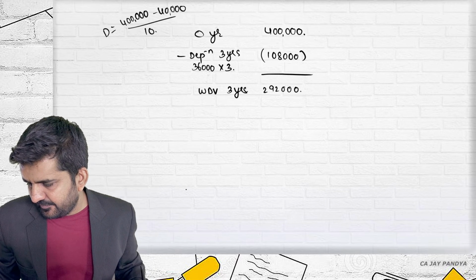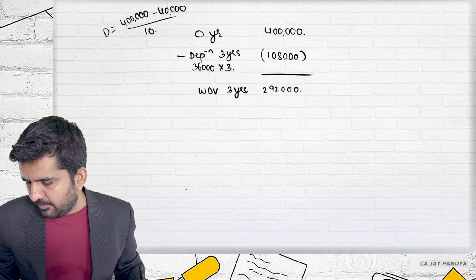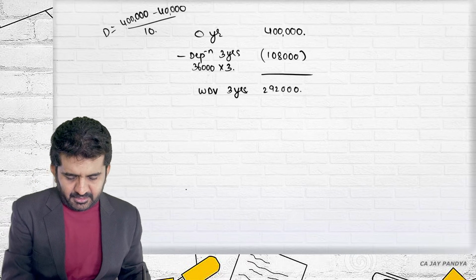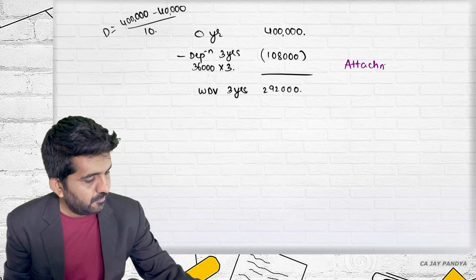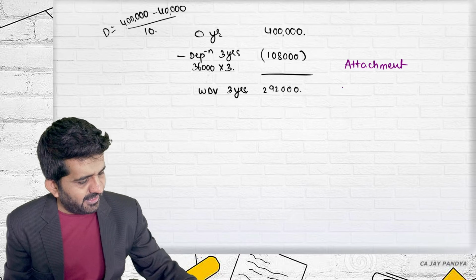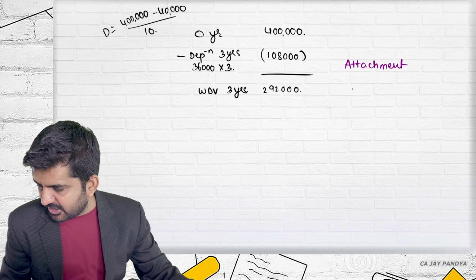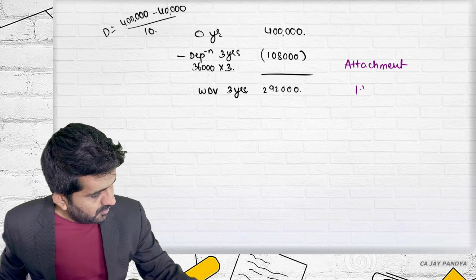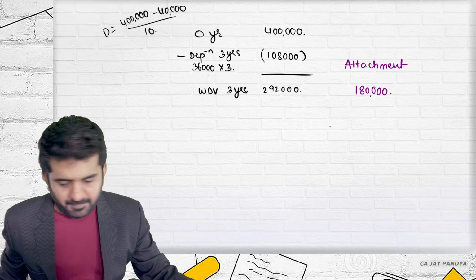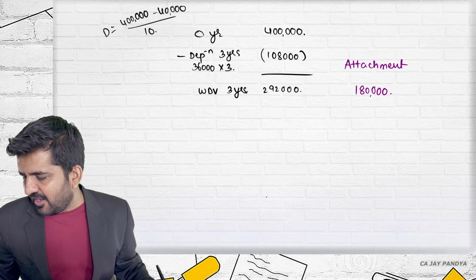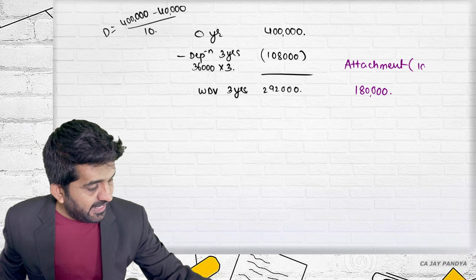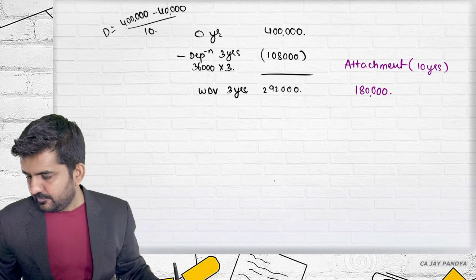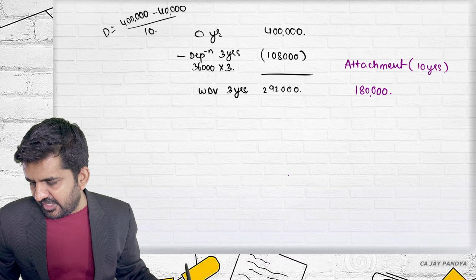Let us read it. An attachment was made to the machine at a cost of 1,80,000. There is an attachment. Today, that is after 3 years, the attachment is of 1,80,000 spare parts, to enhance its capacity. The attachment was expected to have a useful life of 10 years and 0 terminal value.